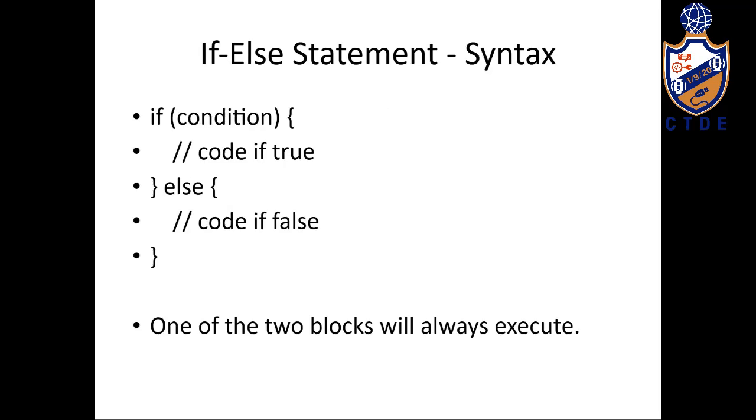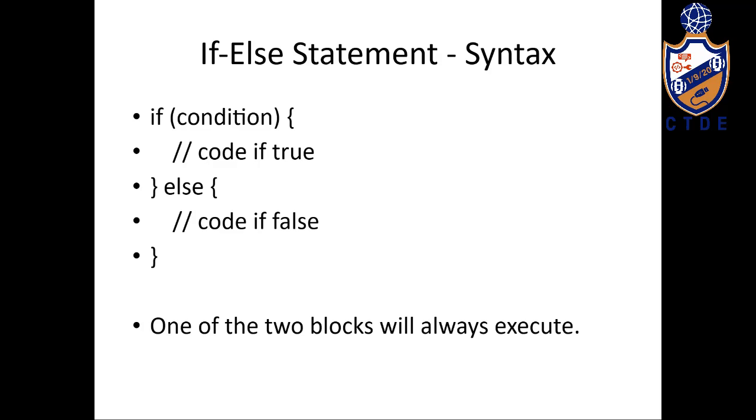All right, so here's the syntax. Syntax, remember, is simply how you should write it in C++. It will be if, then the condition that we're going to check, and then the code. The code inside the first set of curly braces is going to be executed if that condition is true. And then we have the else part. This is how we write it.